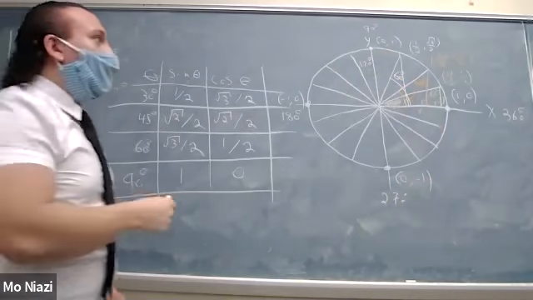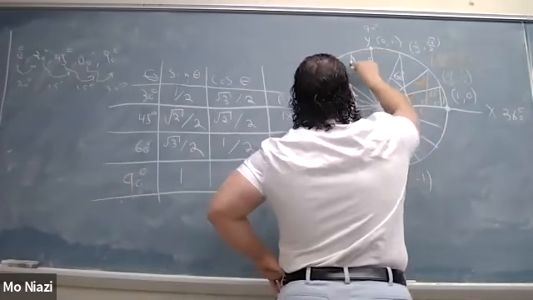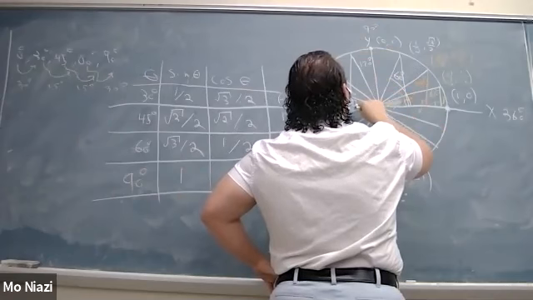Now, what are the associated sine and cosine values? Because we can form a right triangle here.